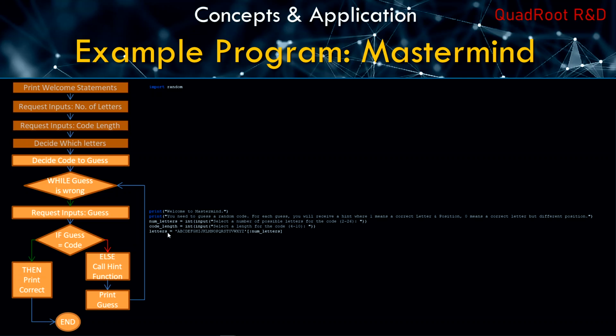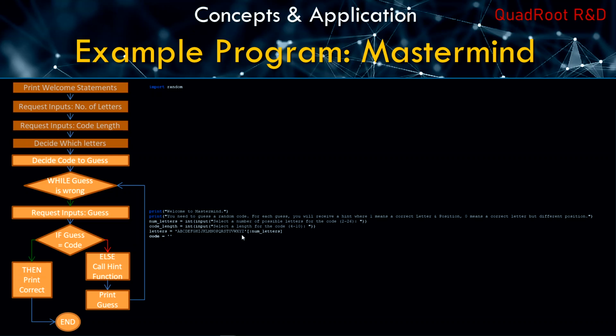So we consider the string A to Z as an array, and we take the left num letters, or rather, if num letters is equal to 2, then we'll take the left 2 of that. So we'll take AB, and this is the way to write the left, to find the left n number of letters.